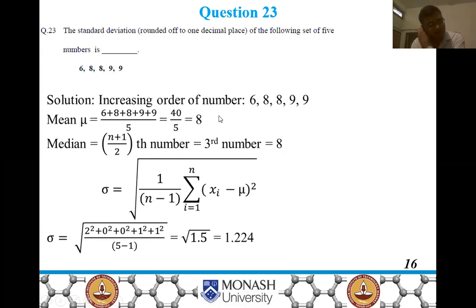Question number 23. The standard deviation, rounded off to one decimal place, of the following set of five numbers is 6, 8, 8, 9, 9. So we arrange them in increasing order of numbers.